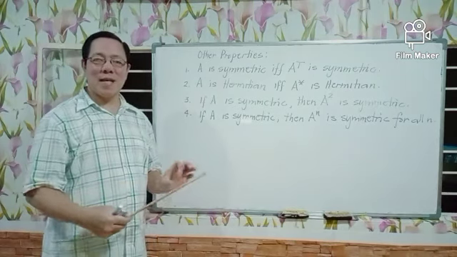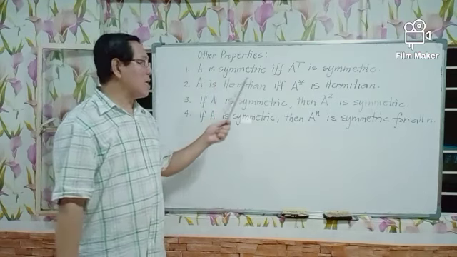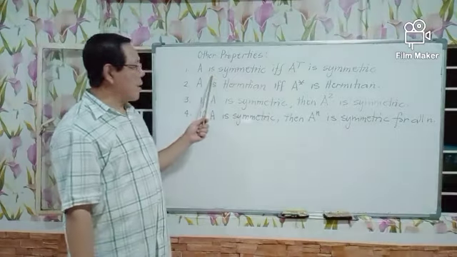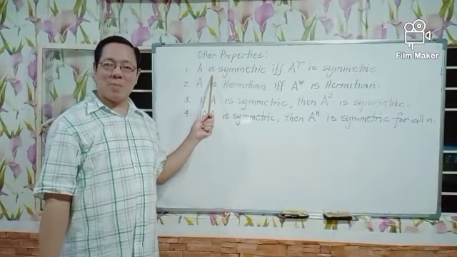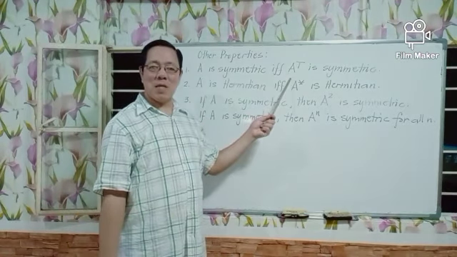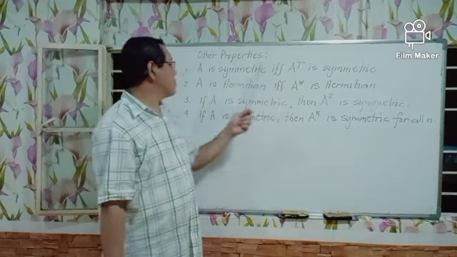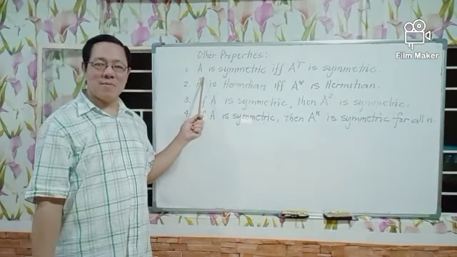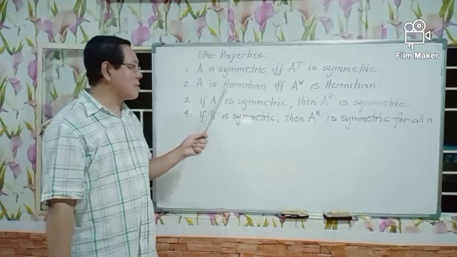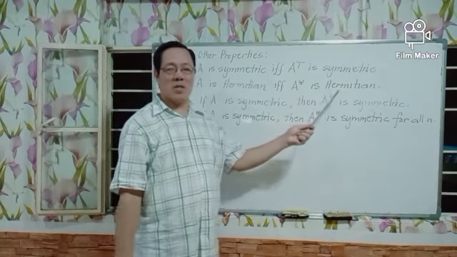First property states that matrix A is symmetric if and only if A transpose is symmetric. And this property can actually be split into two statements. If A is symmetric, then its transpose is symmetric. And if the transpose of A is symmetric, then A is symmetric. The second property states that A is a Hermitian matrix if and only if the adjoint of A is Hermitian.